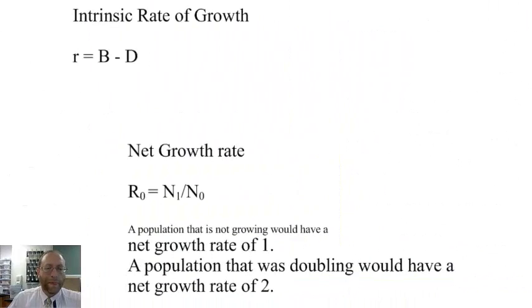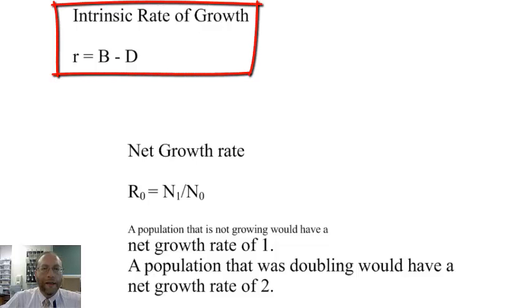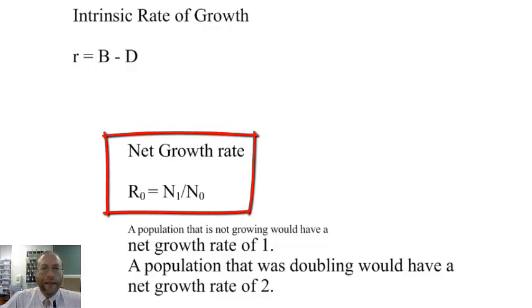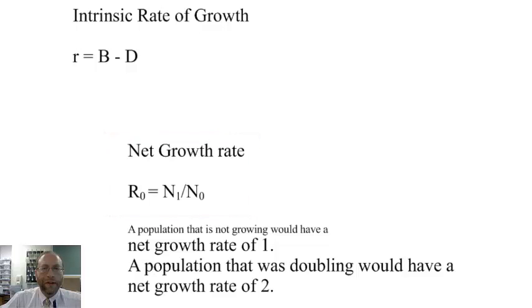You also may be asked for the intrinsic rate of growth, and that's an easier one to remember because you don't have to worry about the immigrants and emigrants. It's just birth rate minus death rate. Net growth rate is looking at it over a period of time, the later population size divided by the earlier population size.